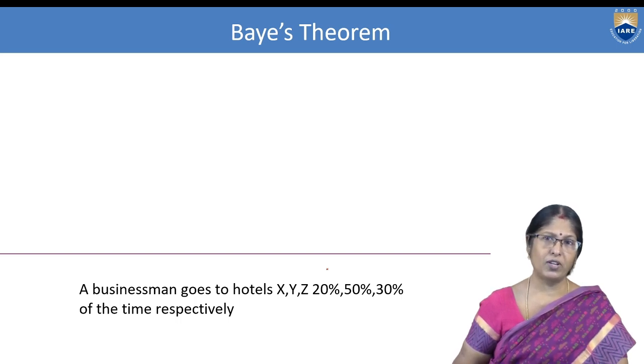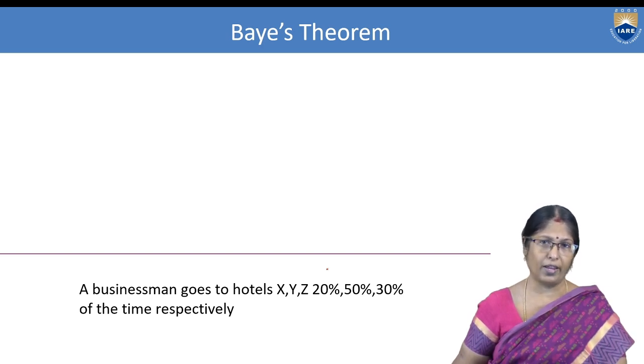That is, a businessman goes to the hotels. They are X, Y, Z. For X, what is the time he is spending? He is spending 20%. What about Y? 50%. And the last one, Z, he is spending 30%. This is the main events regarding which we are going to write the probability.